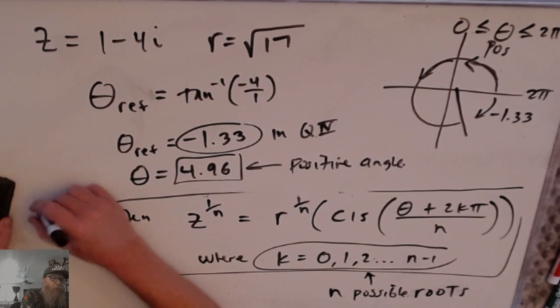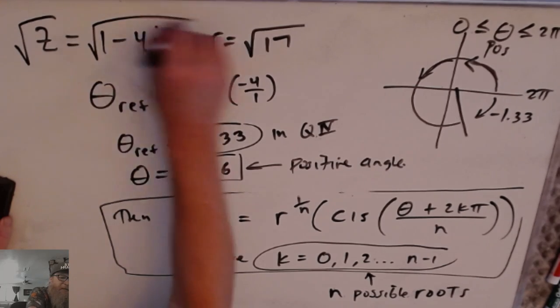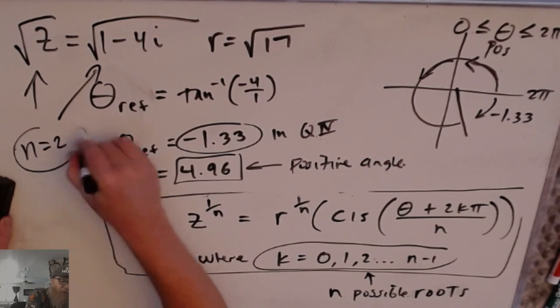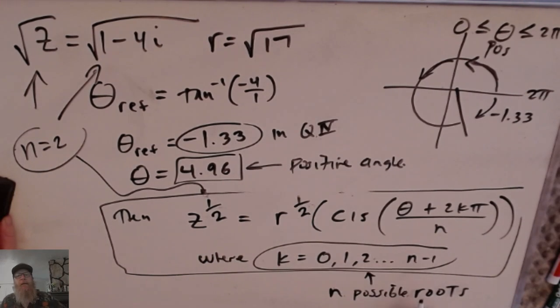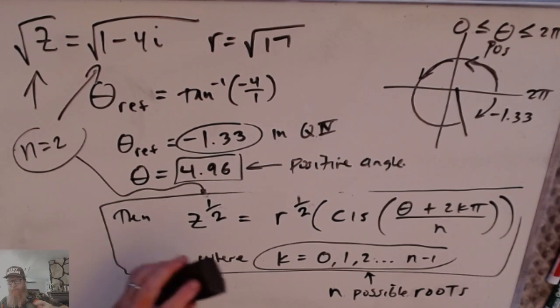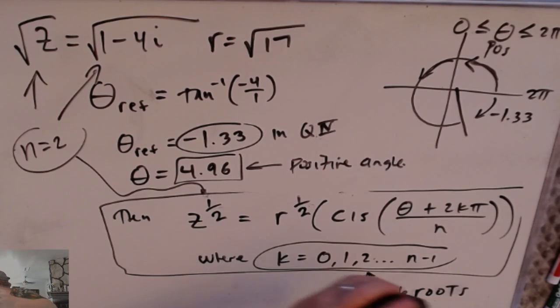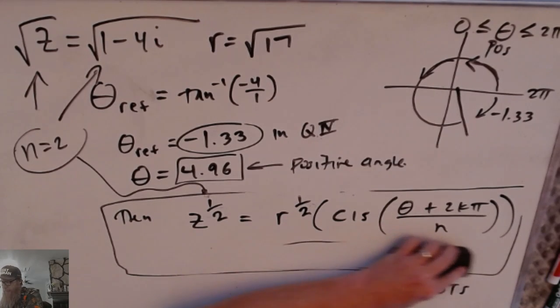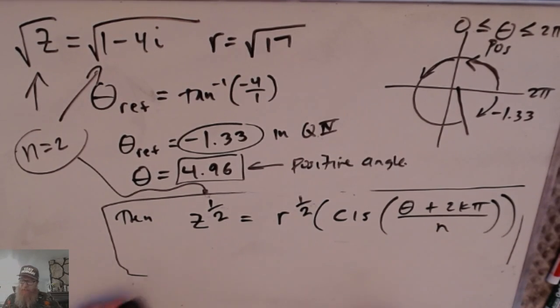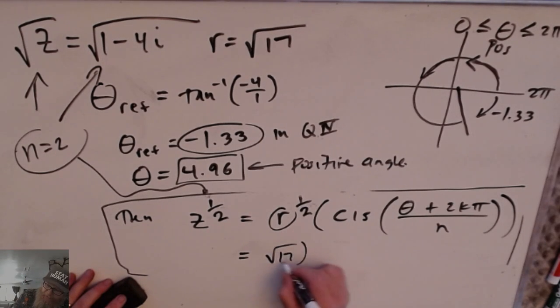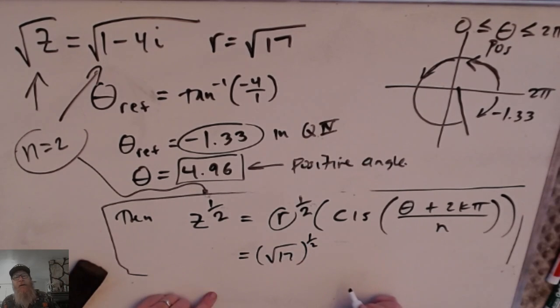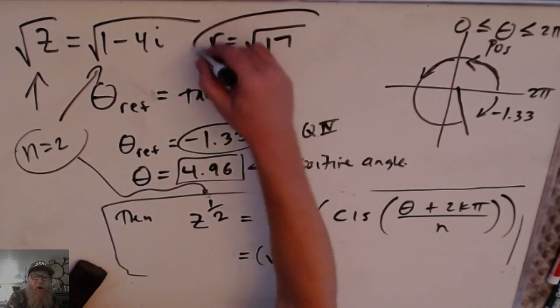Okay, so we're doing the square root, right? The square root of z, so n is equal to 2. Now this is interesting. I already have a square root, so it's the square root of 17 to the 1/2 power. It's the square root of r.